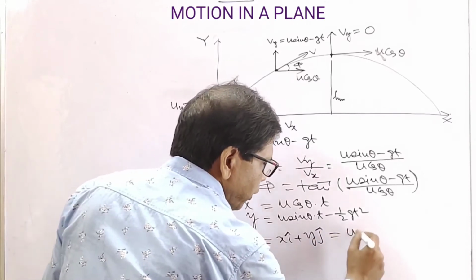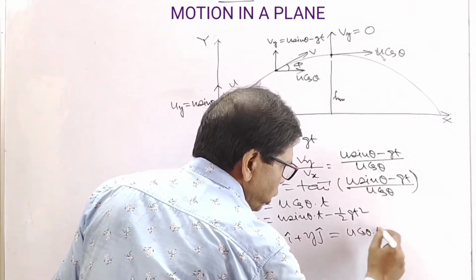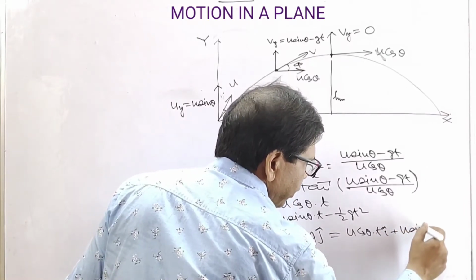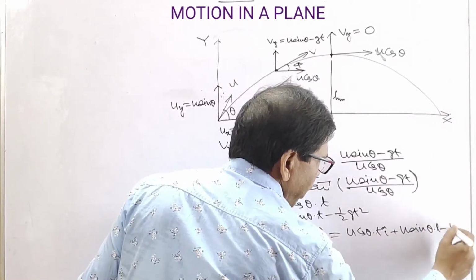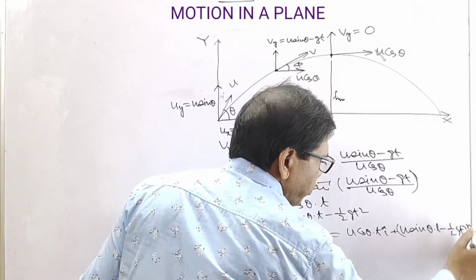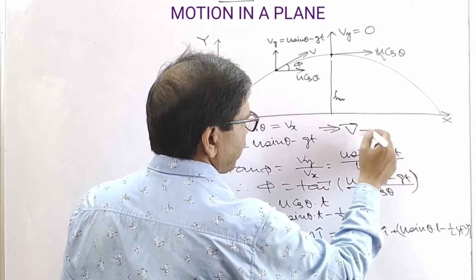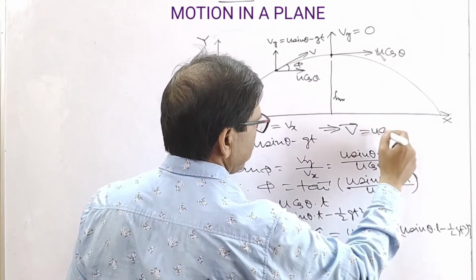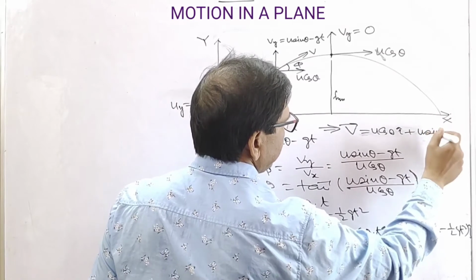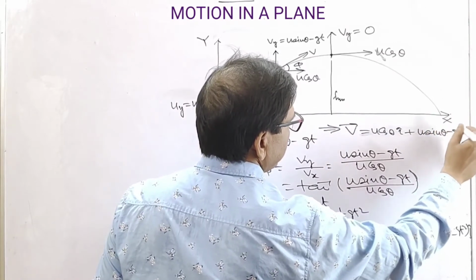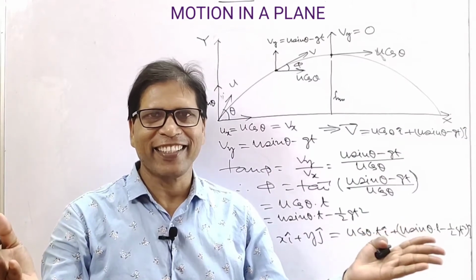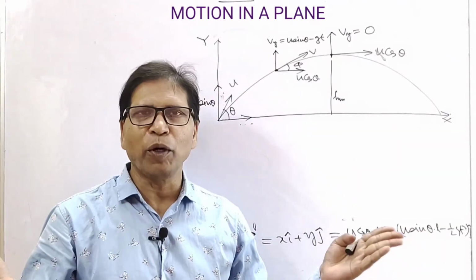So this becomes u cos theta t i cap plus (u sin theta t minus half g t square) j cap. Now the velocity vector is u cos theta i cap plus (u sin theta minus gt) j cap. Understood?